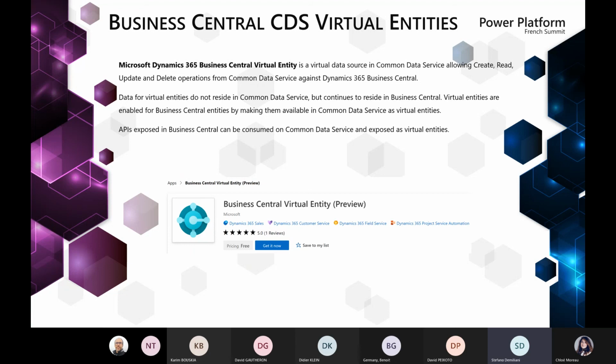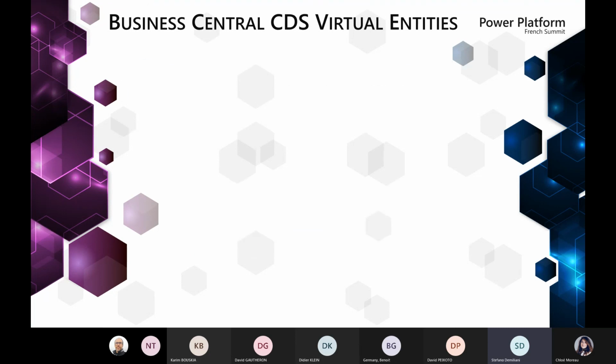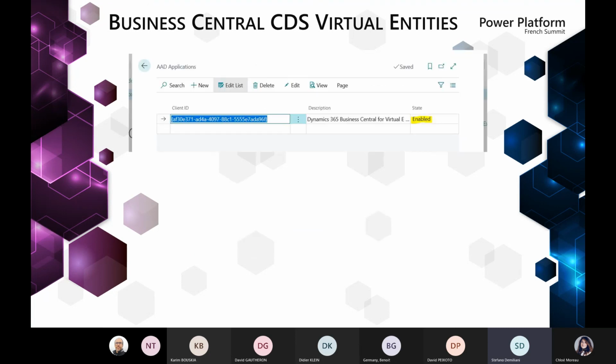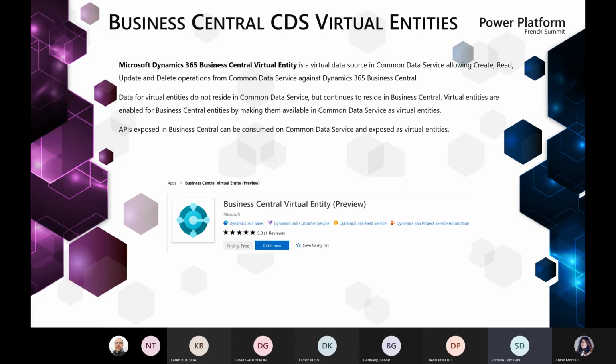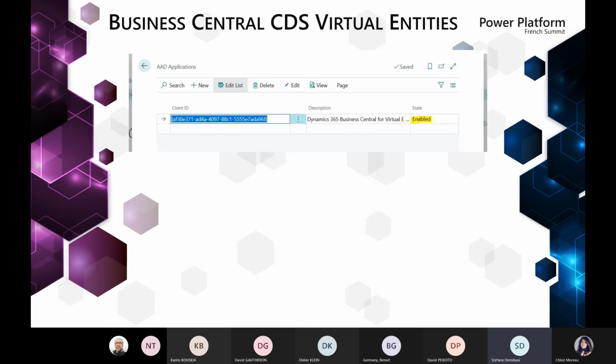This permits you to not duplicate data between CDS and Business Central, but data resides in Business Central, and CDS sees that data. When you connect Business Central to CDS, the first thing you need to do is to install this app from the store, the Business Central virtual entity. When you install this app, an application is registered into your Azure AD tenant.